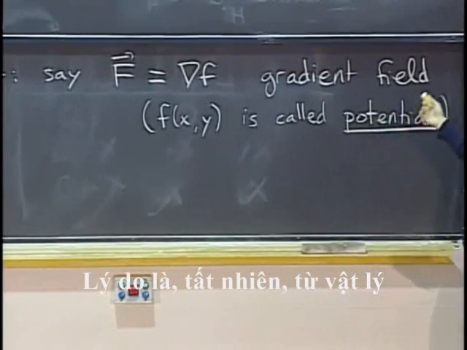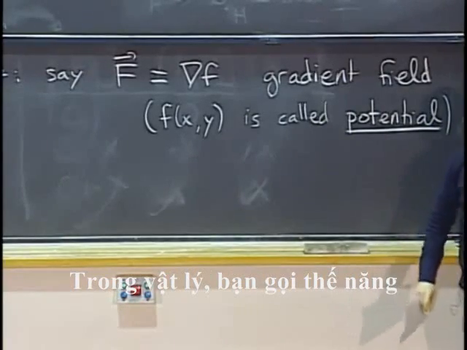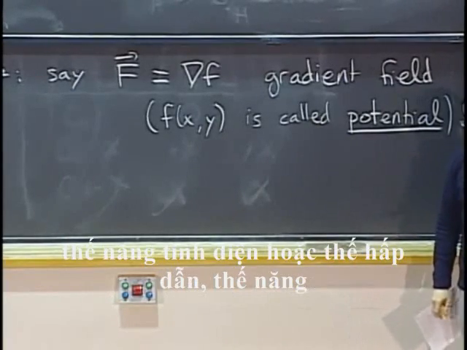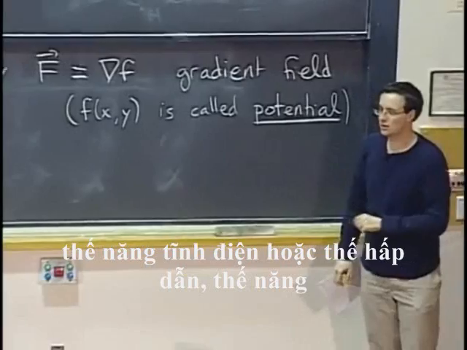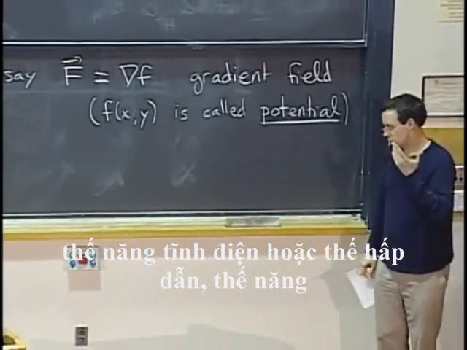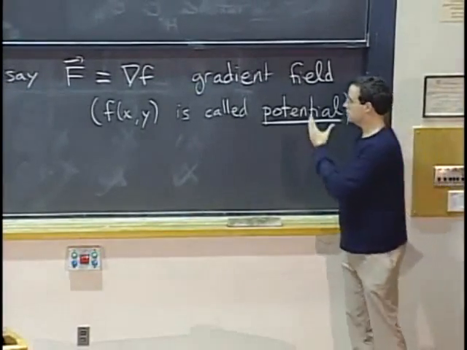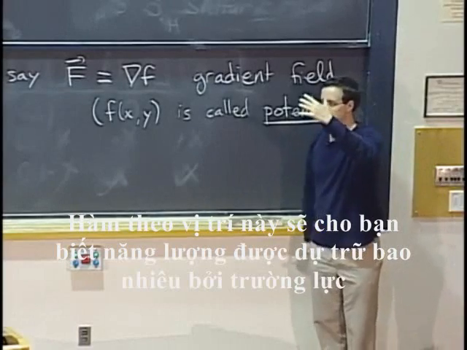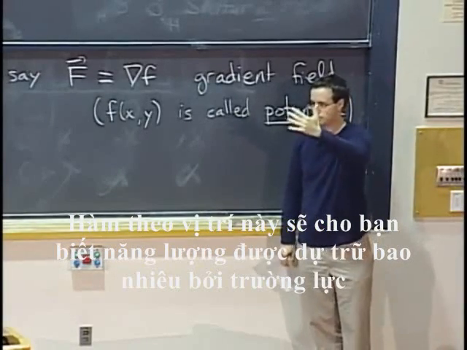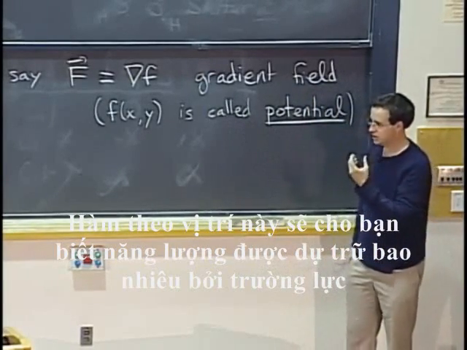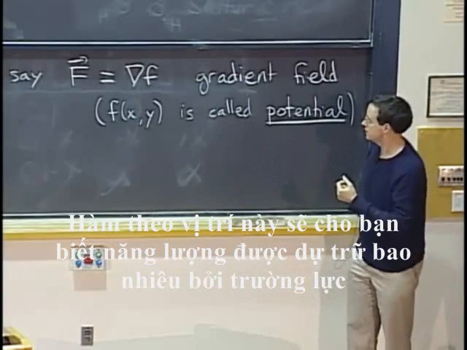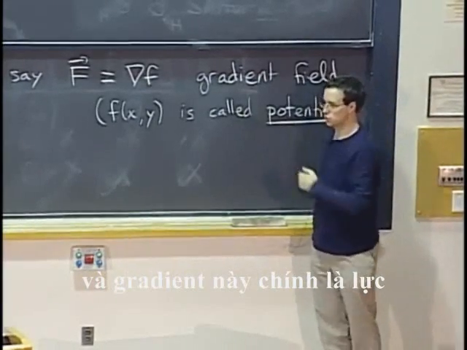The reason is, of course, from physics. In physics, you call potential, whether electrical potential, gravitational potential, or potential energy, this function of position that tells you how much energy is stored by the force field, and its gradient gives you the force.